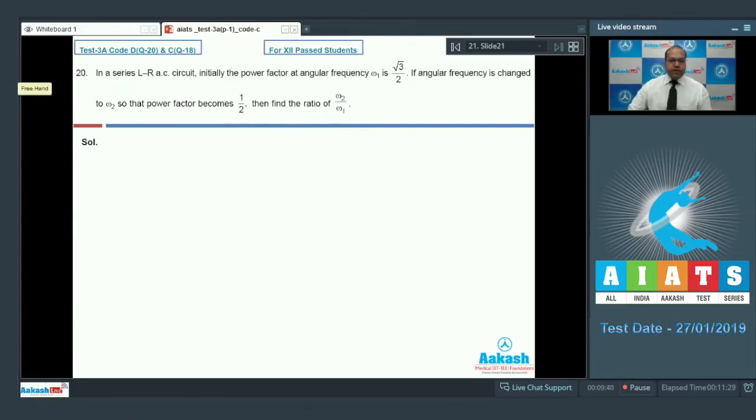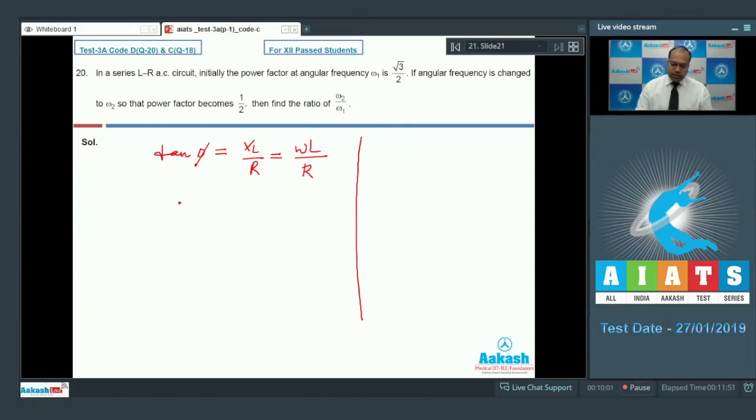So we know that in case of series LR circuit, tan phi is given by XL by R, that is equal to omega L by R. Now, in the first case, when the angular frequency is omega 1, power factor is root 3 by 2, meaning the value of phi is 30 degree.